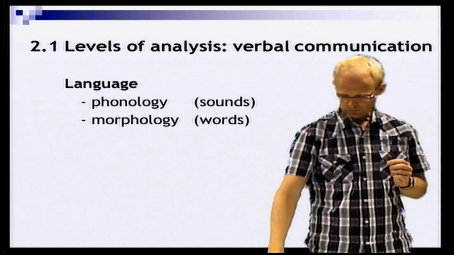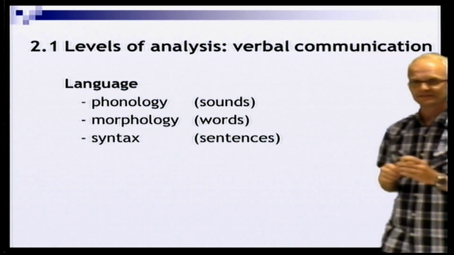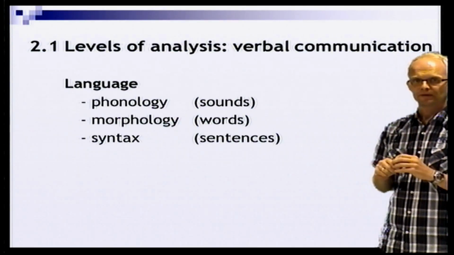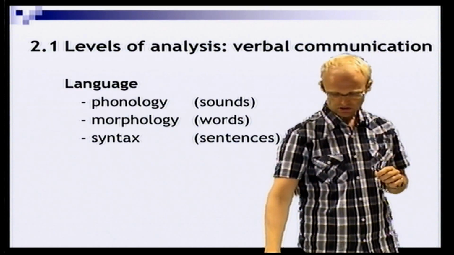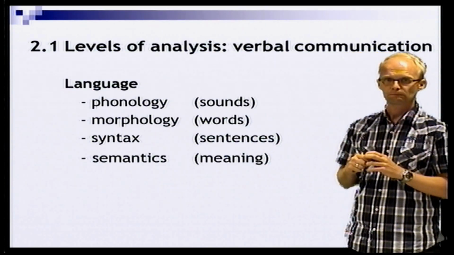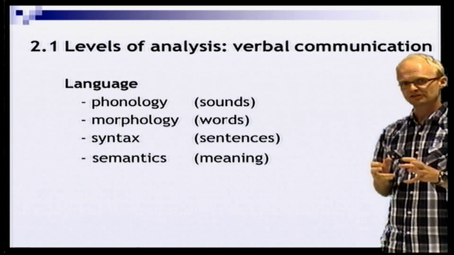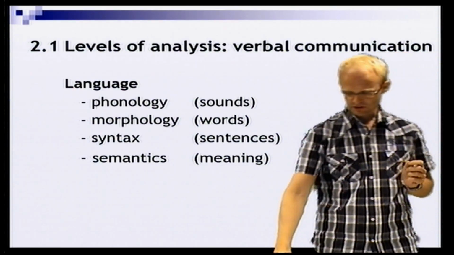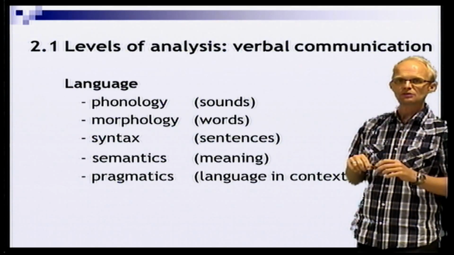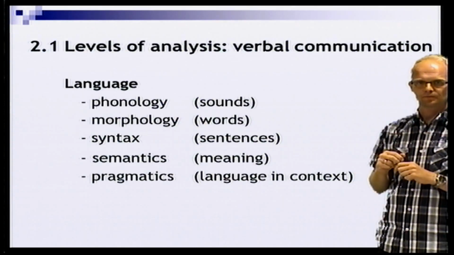On the level above that one, we find the study of sentences, or syntax. And above that one again, we find the study of meaning. And finally, in this categorization, we have the study of pragmatics, the study of language in context.